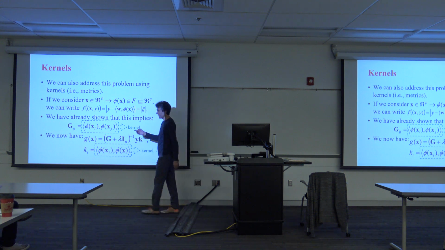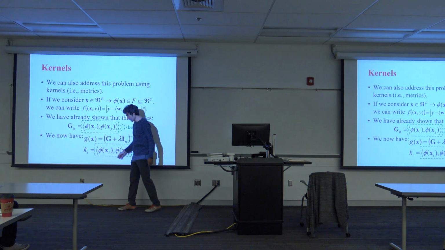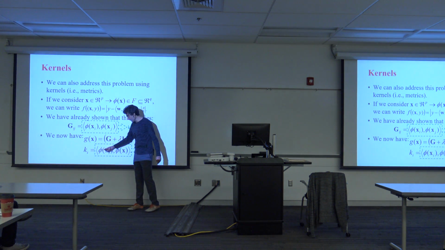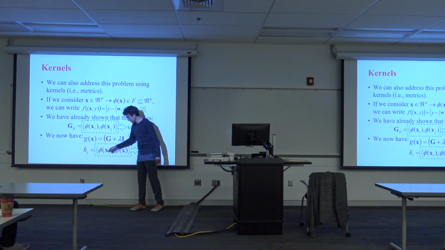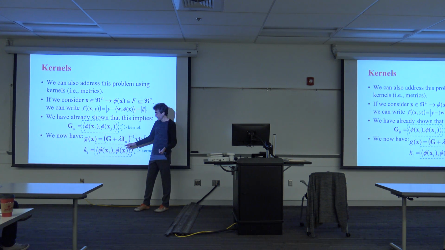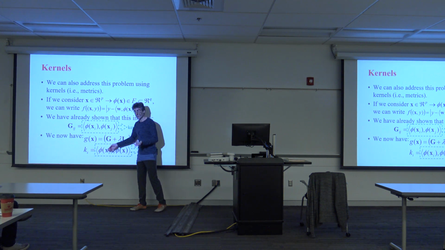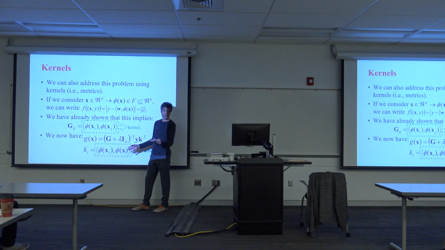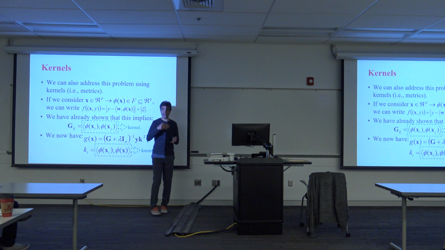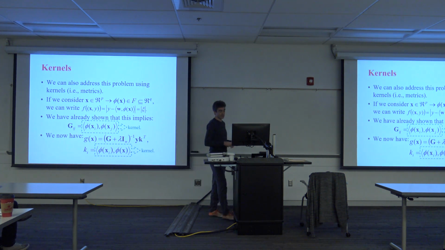So when I have my kernel matrix here, where phi of x transpose phi of x, where phi of x is nothing else than x, then I have the Euclidean norm, or the 2 norm, because this is the vector x inner product with itself. So that's the Euclidean norm. When I change phi, then I can obtain a variety of different norms.